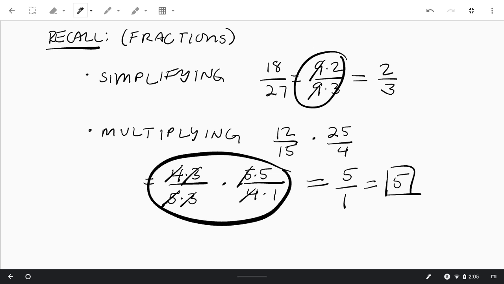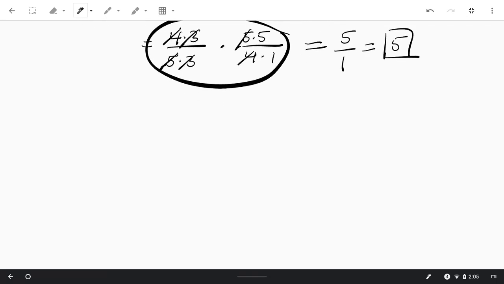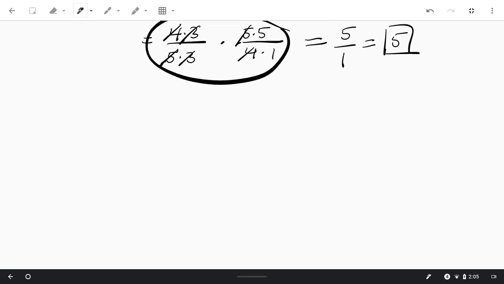We are going to be using this exact same process when we look at rational expressions. Basically we are going to start off with this problem, and then we will factor, and then we'll cross out any common factors, and then be done.